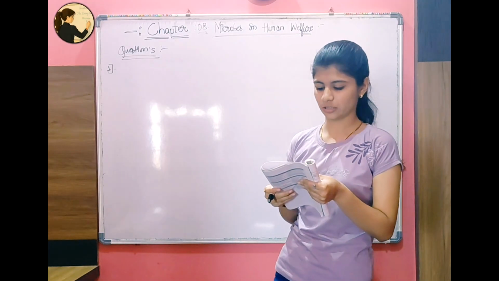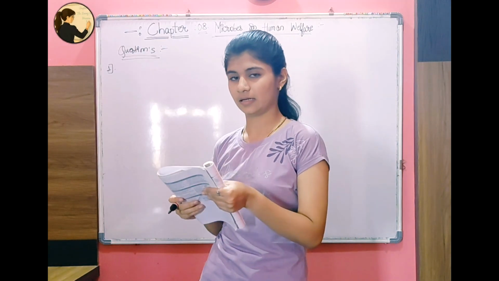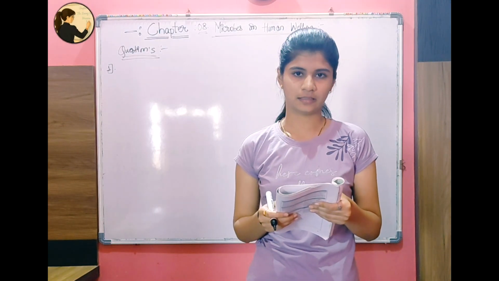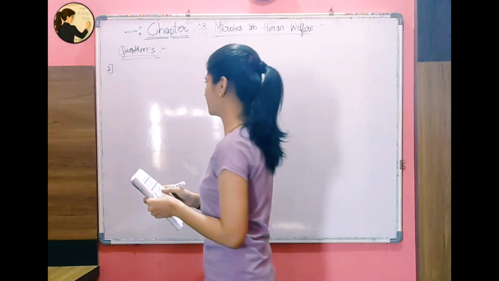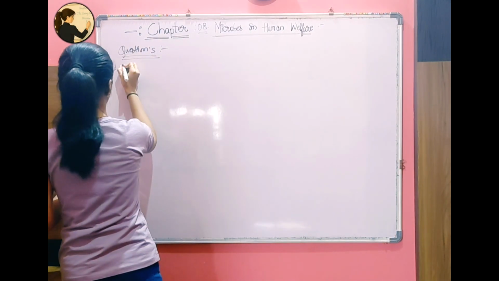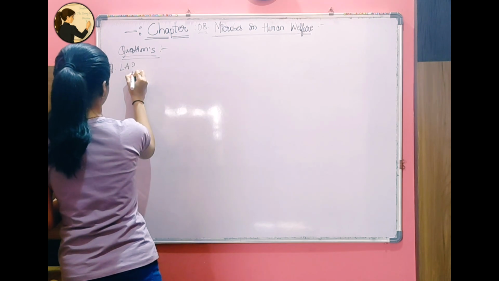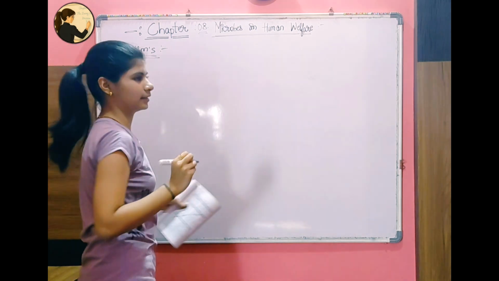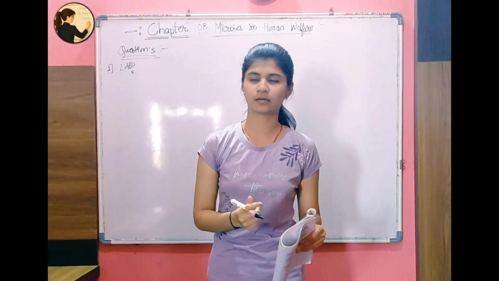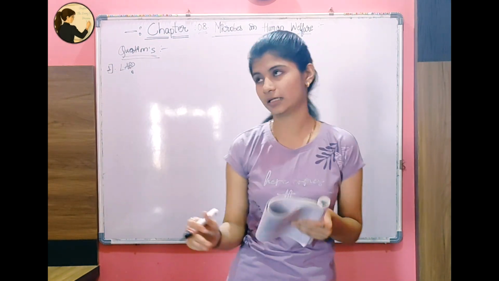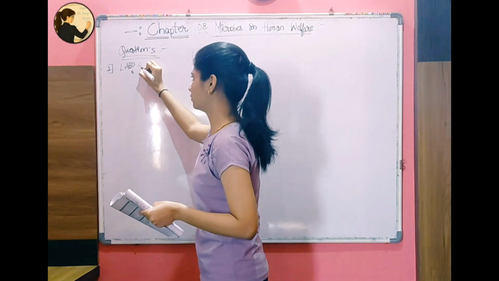So question number 1 is LAB, which is lactic acid bacteria. The first MCQ or 2 marks question you get is for the LAB. Now I am writing it like this, but in the exam you have to write the full form with the definition. Then you are going to get 2 marks.